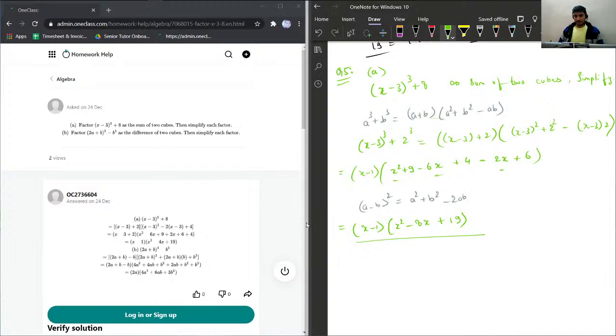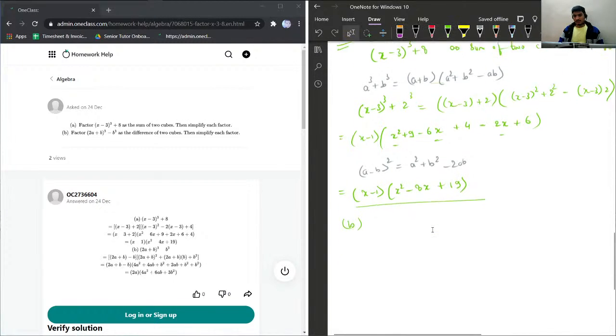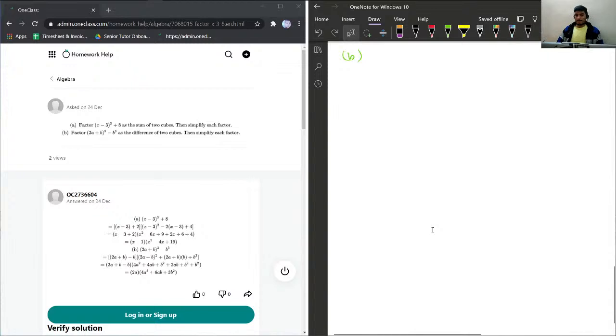Let's check for b also. For b we have (2a + b)³ − b³. We need to specify this as the difference of two cubes, and then we need to simplify.